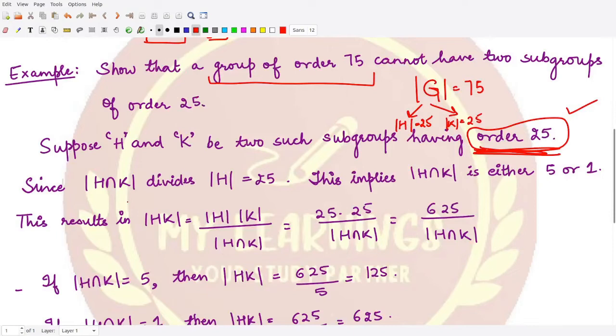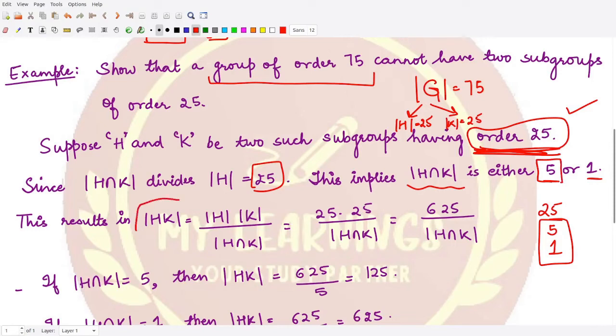Because it divides the order of H, which is 25, we may have the factors of 25, which are 25, 5 and 1. So it implies that the order of the intersection is either 25, 5 or 1. Let's take just 5 or 1 here. If the order of H intersection K is 5, in that case what would be the order of HK?